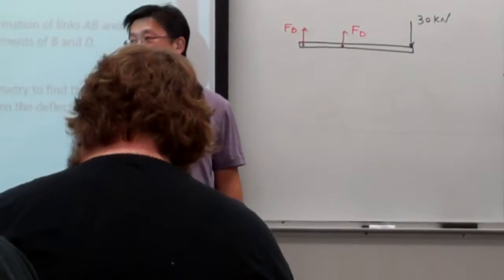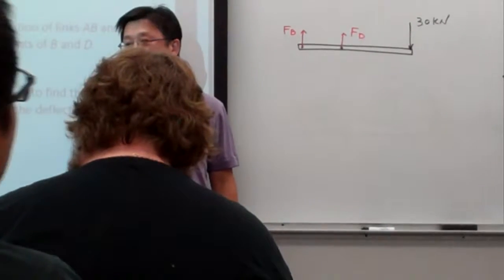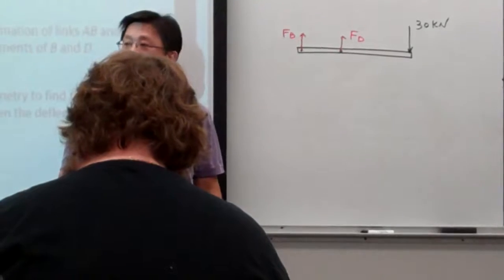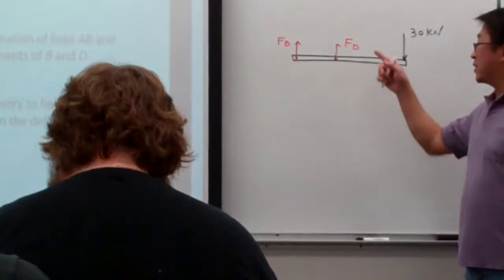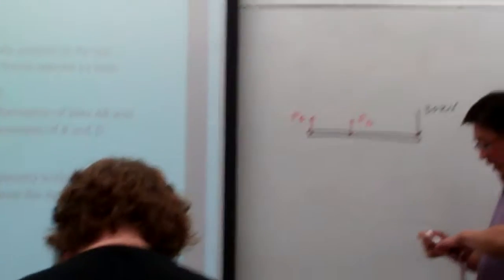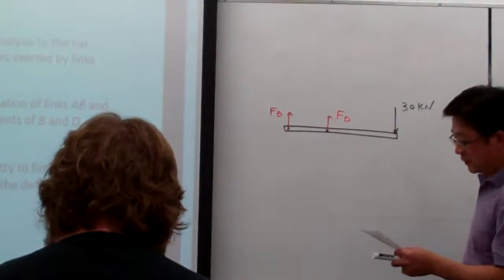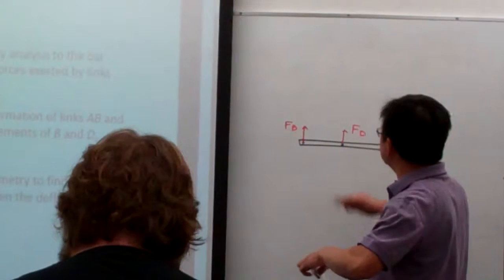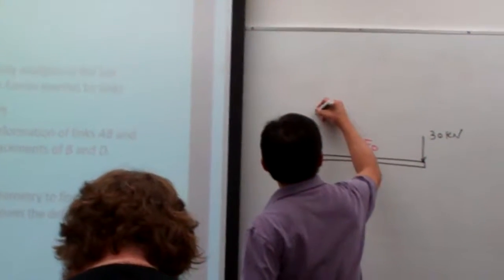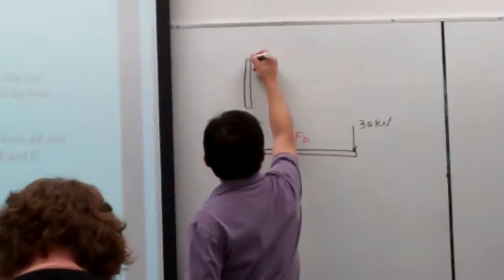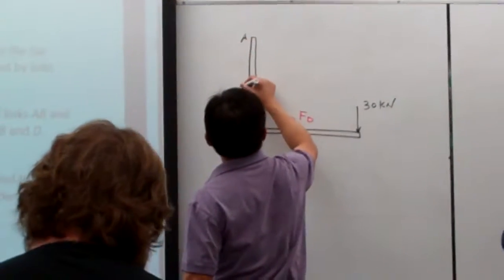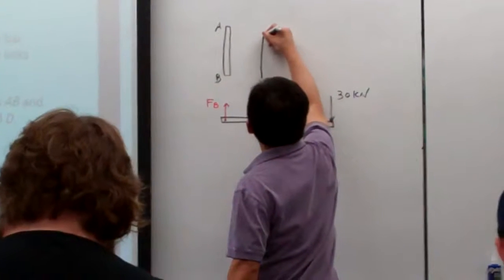For your exercise, you can assume either direction; either would work, as long as you keep all the calculation consistent with your assumption. And on the other side, this is AB and CD.